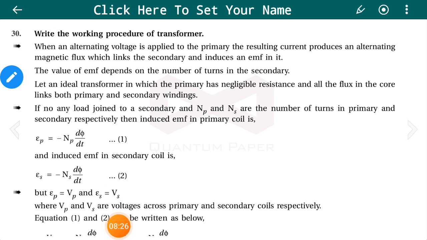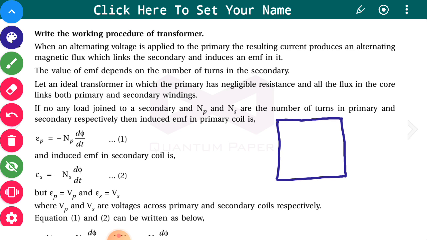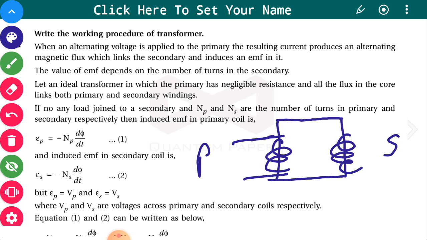Now we talk about the working procedure of the transformer. How does it work? Say for example here we have a coil, and here there is another coil. This is your input source, that is the primary coil, and this is your secondary coil, for output.